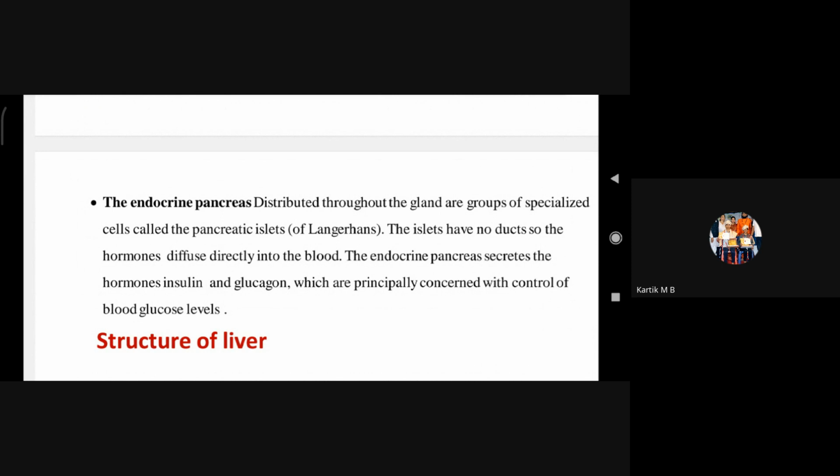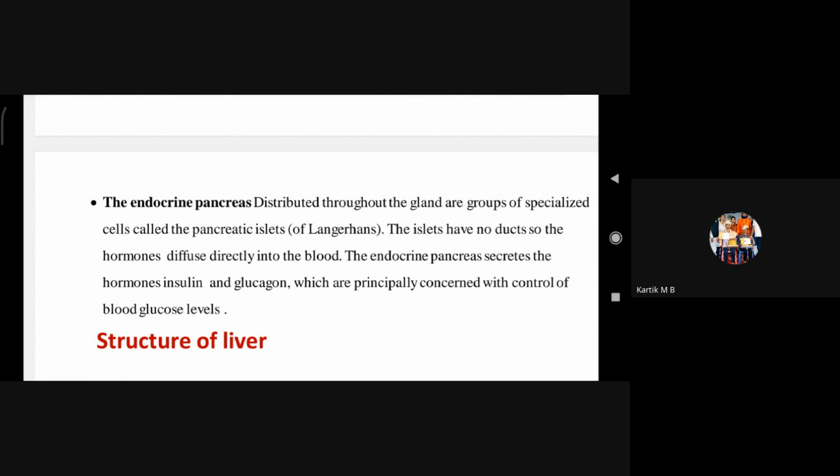Okay, the endocrine pancreas secretes the hormones insulin and glucagon, which are principally concerned with the control of blood glucose level. So here comes the topic of diabetes. The pancreas is producing insulin and glucagon, which directly regulate our blood glucose level.